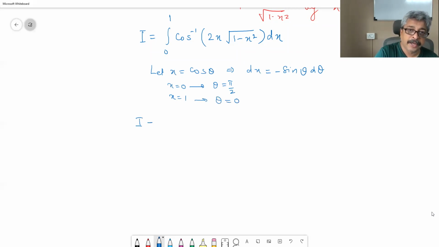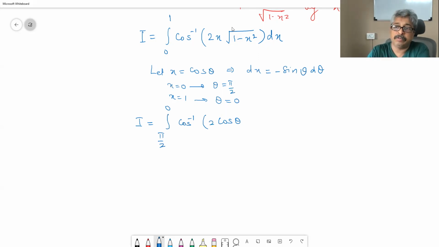That makes our I as integral pi by 2 to 0 cos inverse 2 cos theta radical 1 minus x square. X is cos theta, therefore it is sine theta into, this is done, 2 minus sine theta d theta.